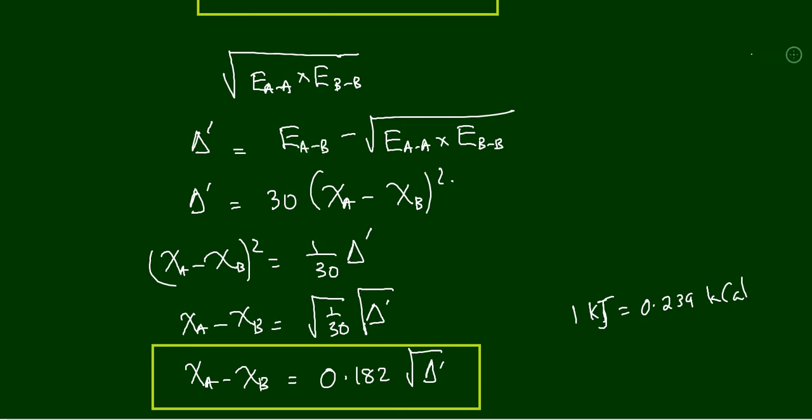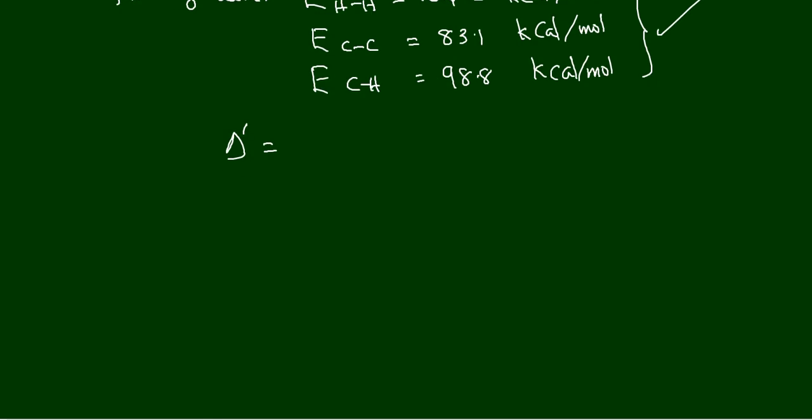So delta dash is equal to E_CH, the bond dissociation energy of carbon-hydrogen, minus the geometrical mean, not the arithmetic mean, that is root of E_HH into E_CC.